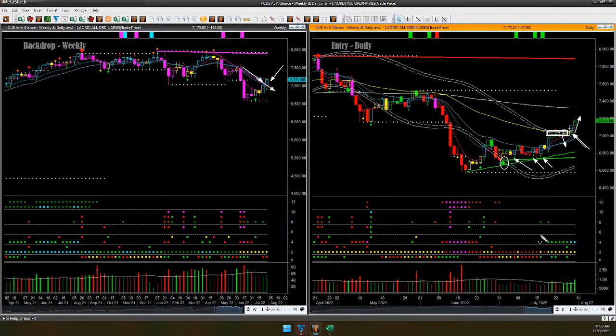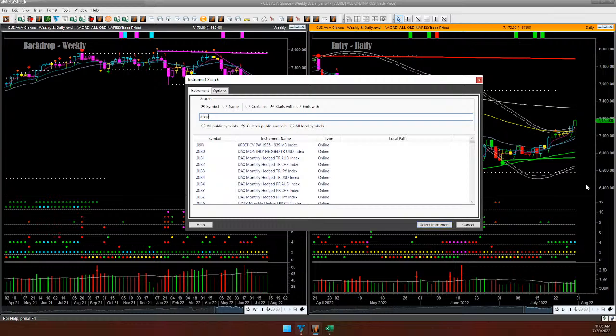One way to see the extended nature is from the Q stretch indicator that is already overbought for many days. All Ordinaries is bullish. What about Japan's Topix index?